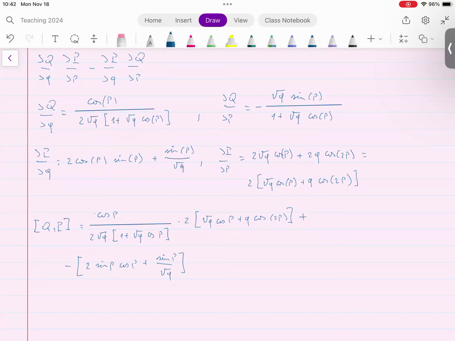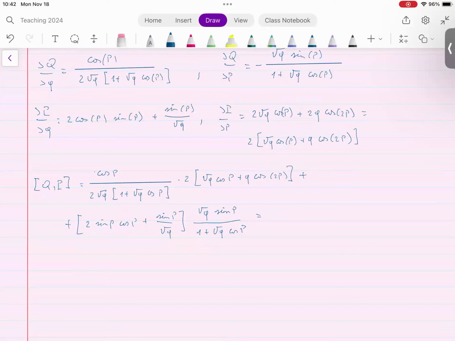I've already changed the sign, so we'll put a plus sign here so we're explicit. Square root of q sine of p over 1 plus square root of q cosine of p.